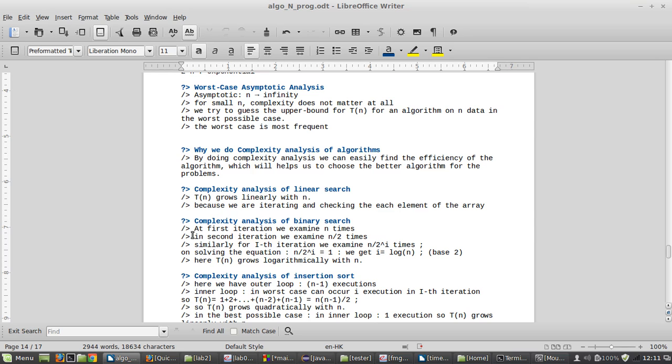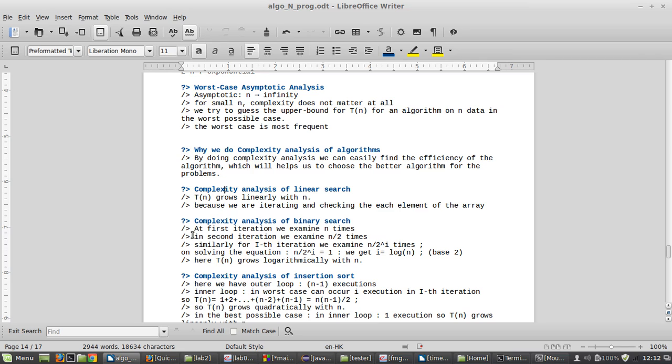Now, complexity analysis of binary search. How is it done? At first iteration we examine n elements. Now I will try to give you a key concept about how to analyze the complexity of any algorithm.